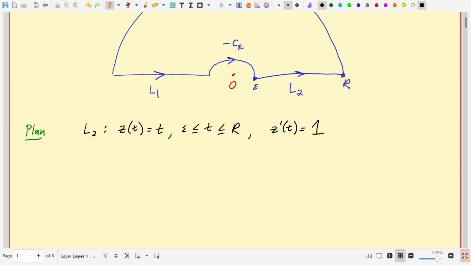I'll tell you why I parameterize the left-hand side differently. I want my range to go from epsilon to R.